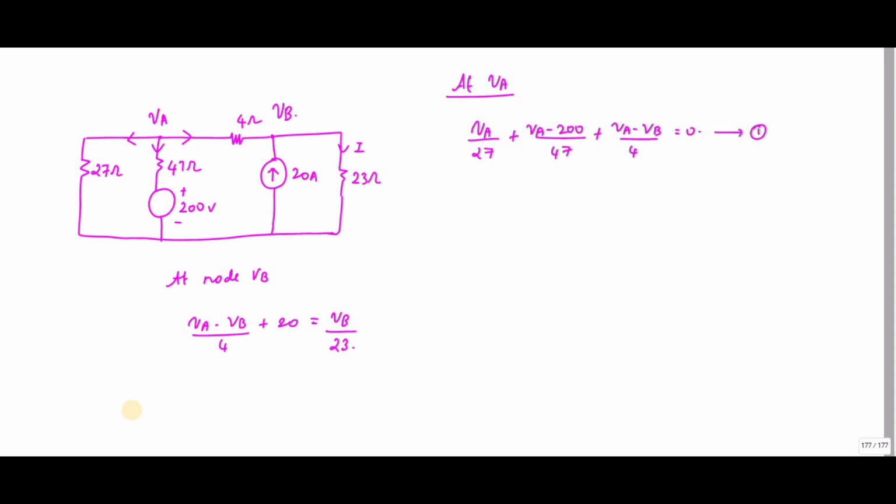What is 1 divided by 4? 0.25. So 0.25 VA minus 0.25 VB plus 20 is equal to, what is 1 divided by 23? 0.0434 VB. Bringing terms together, 0.25 VA plus 20 is equal to 0.293 VB.